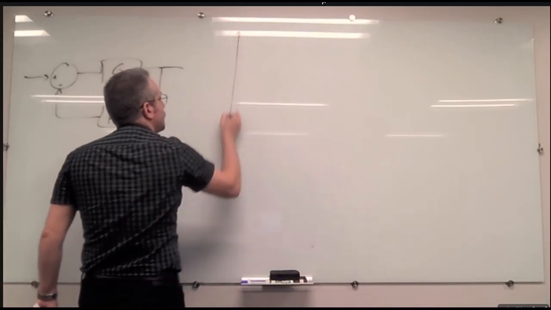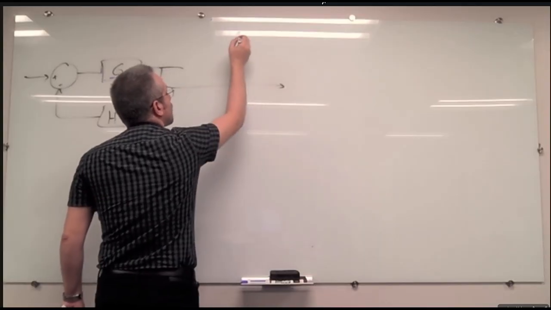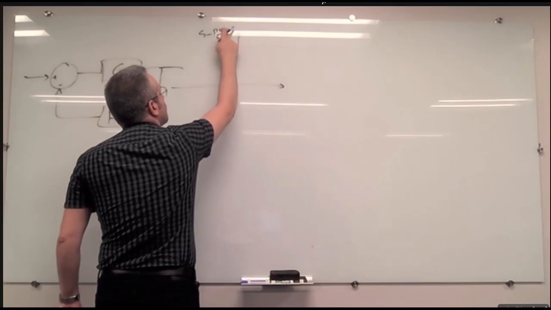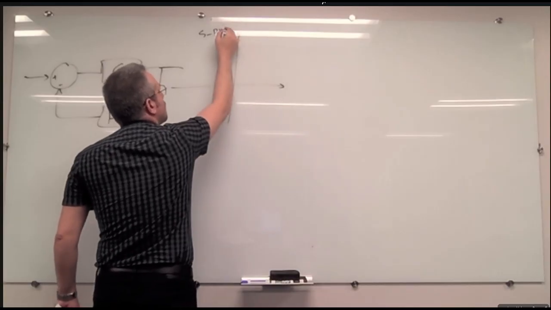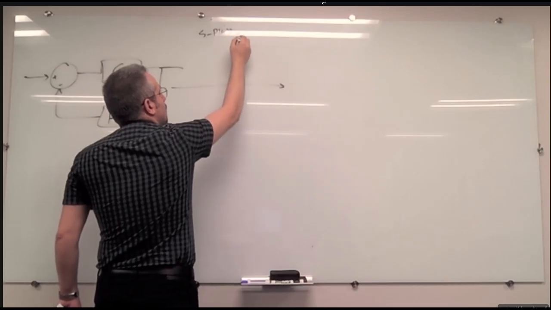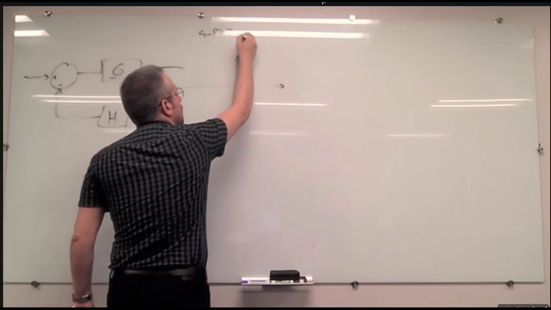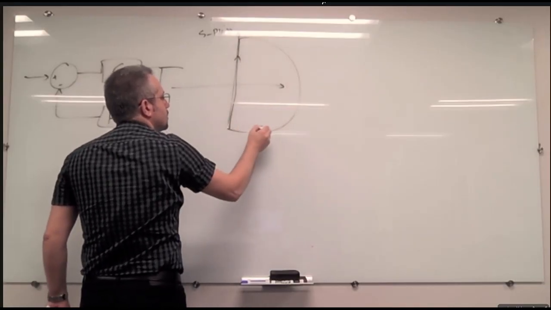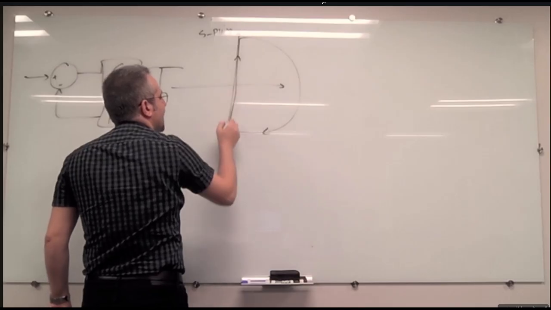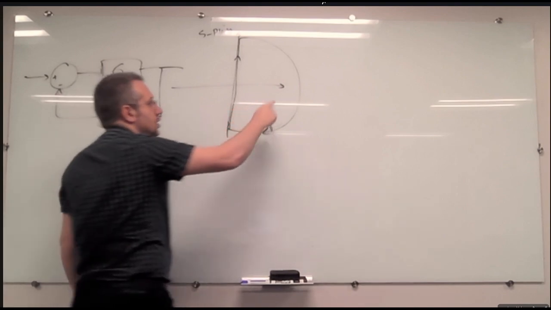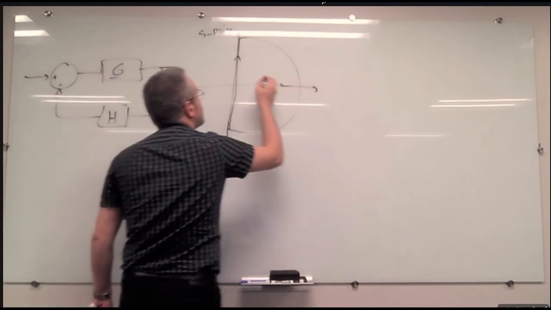So we have the S domain, and the contour that we have is this. We have some critical points in the contour that we need to consider when we map it.